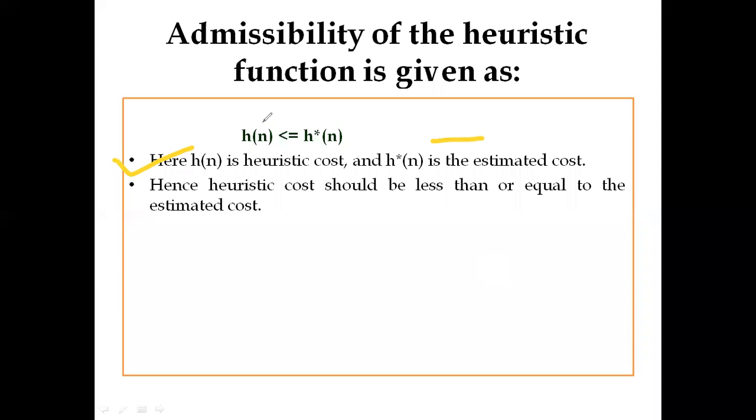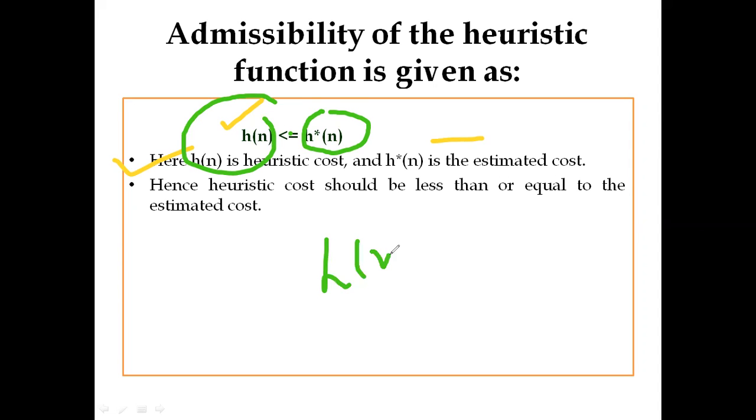We denote the heuristic cost by h(n) and the estimated cost as h*(n).